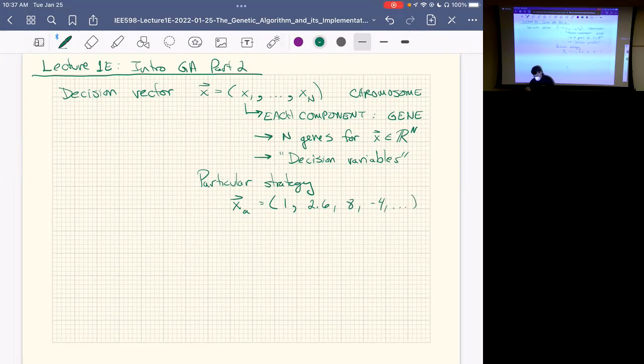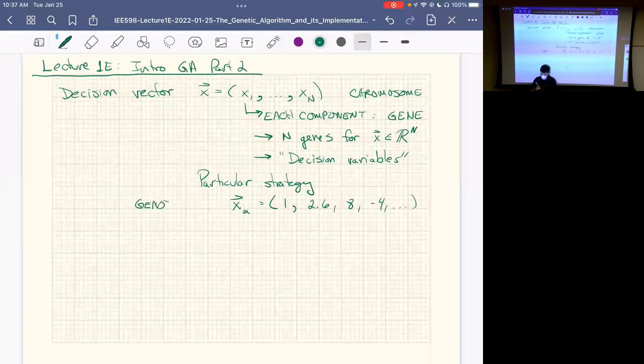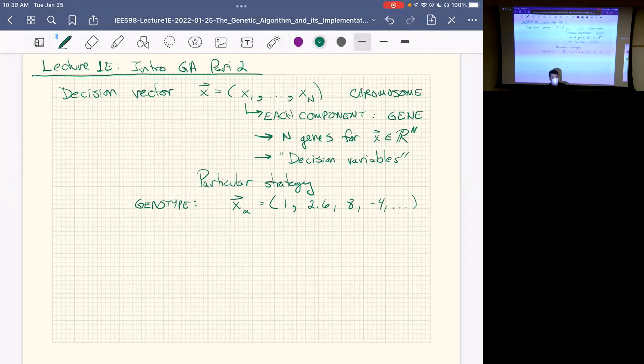And that we would refer to as a genotype. And each one of those decision variable instantiations we can think of as an allele of a gene.